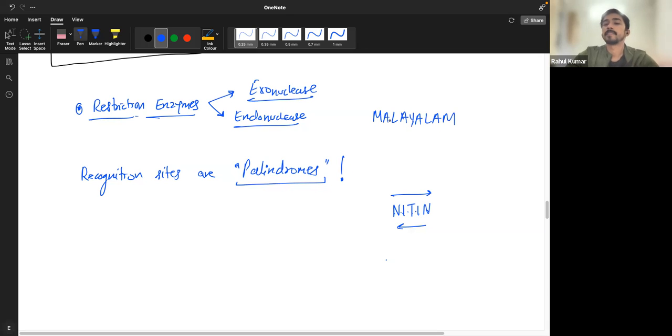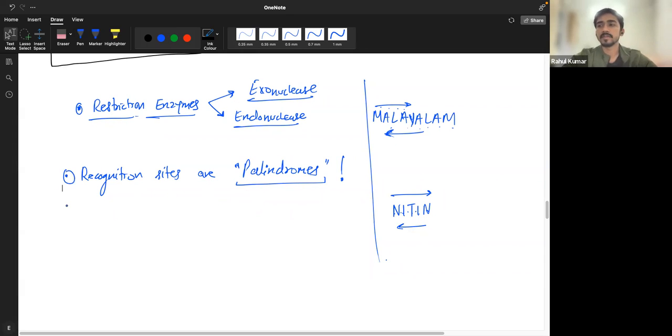If you put this A here, then only it's a palindrome. Some people write Malayalam without this A. Many words in our day-to-day life are palindromes. So these recognition sites are also palindromes.